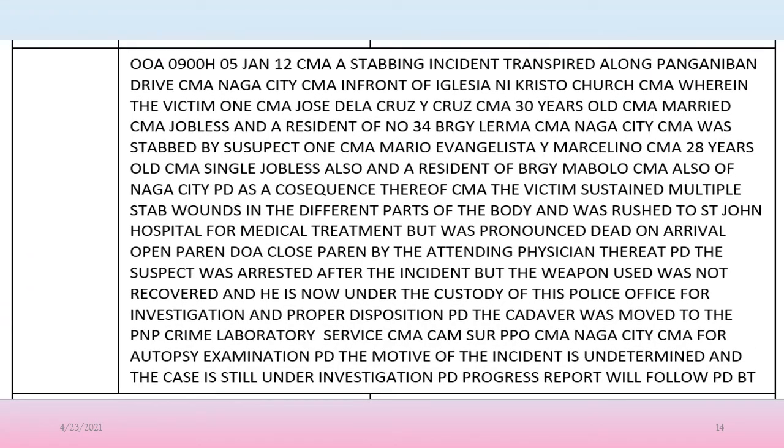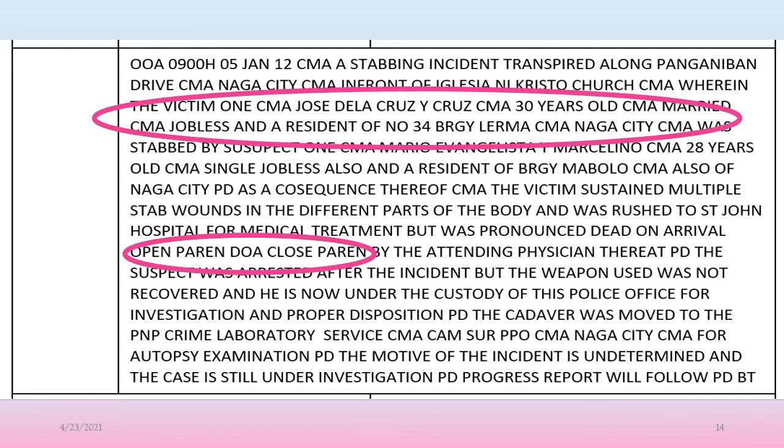Notice also the name of the victim or the suspects. What should be placed first? The victim 1. If you have two victims, the first is 1, and then 2 for the second victim. Victim 1, Jose de la Cruz E. Cruz.